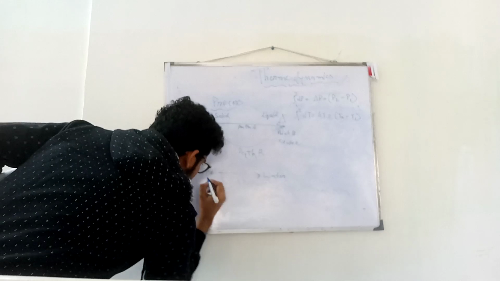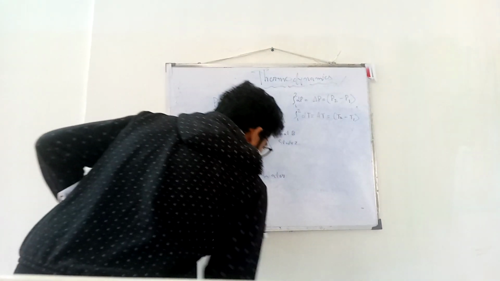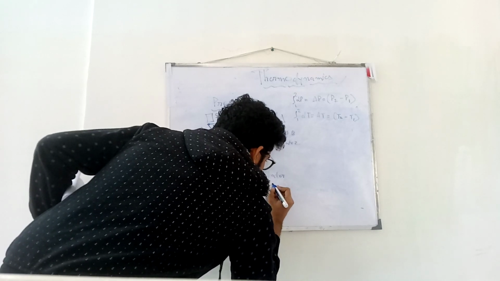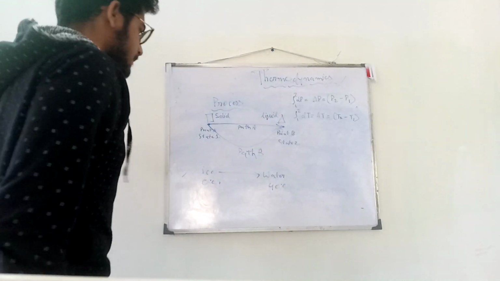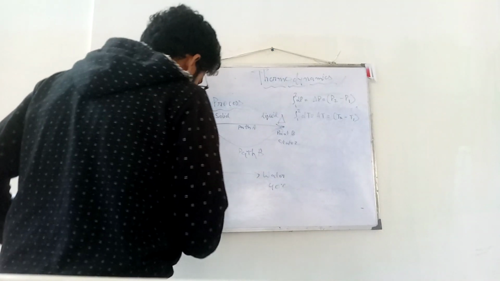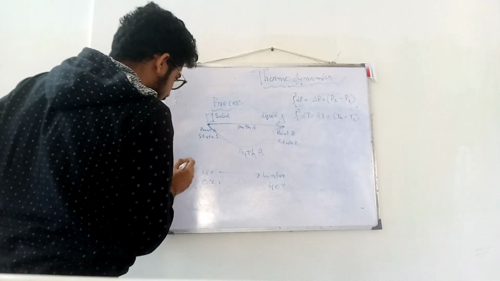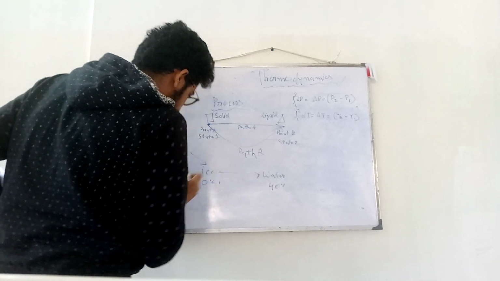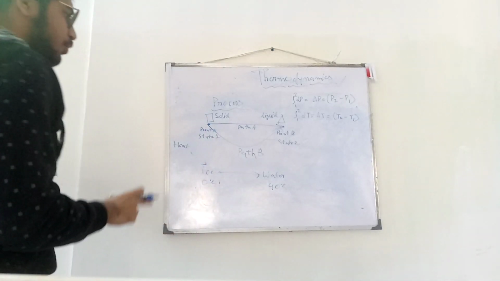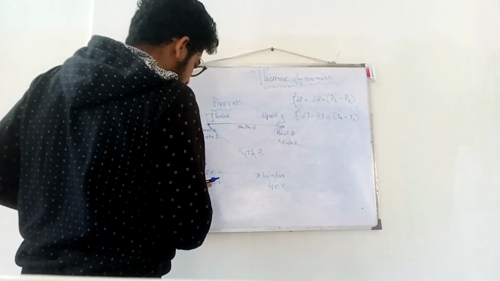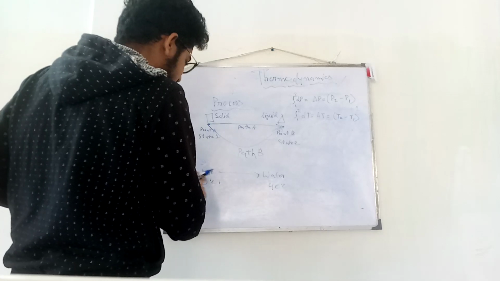Suppose the temperature of ice is 0 degrees Celsius and the temperature of water is, let's say, 40 degrees Celsius. When we put heat in this, the phase change occurs.